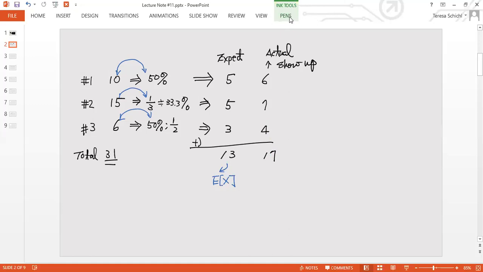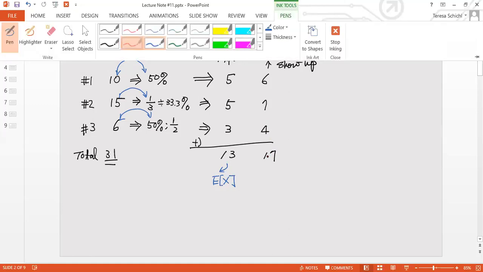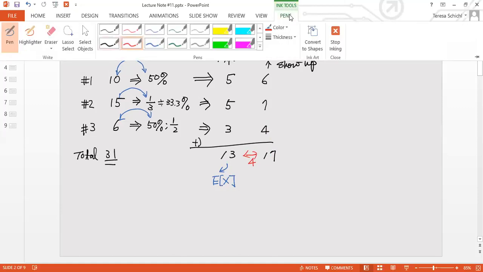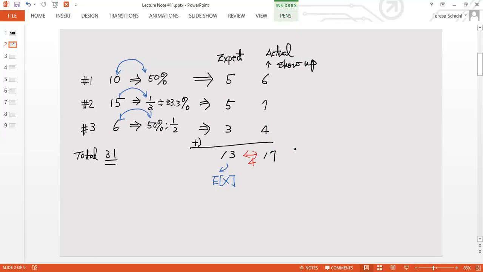So the difference here is 4, right? Maybe next weekend you do the same thing, and the actual show up is only maybe 10 of them, because maybe it's close to the final exams or something, right? So the difference here, this is what we call the variance.